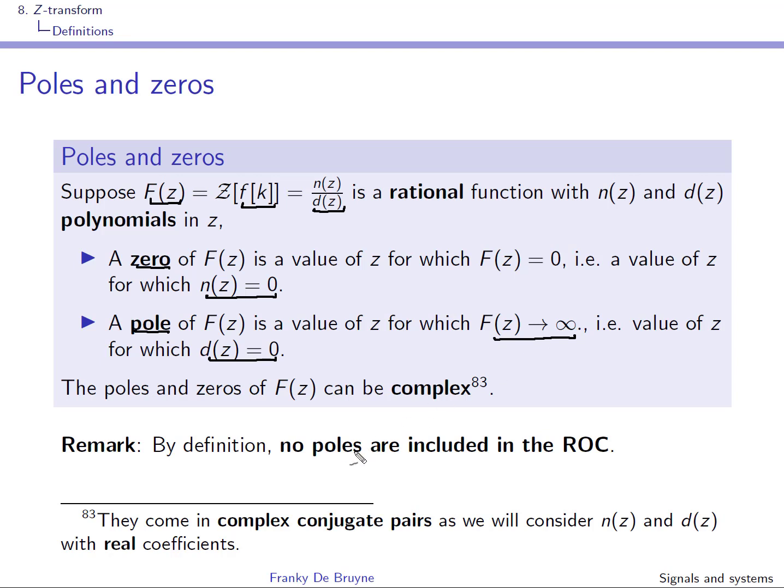And of course there can be no poles in the region of convergence. Remember that the region of convergence is the set of z for which the sum that is used to compute f of z converges, and obviously a z where you have a pole is a z where f of z does not converge, so no poles are included in the region of convergence.